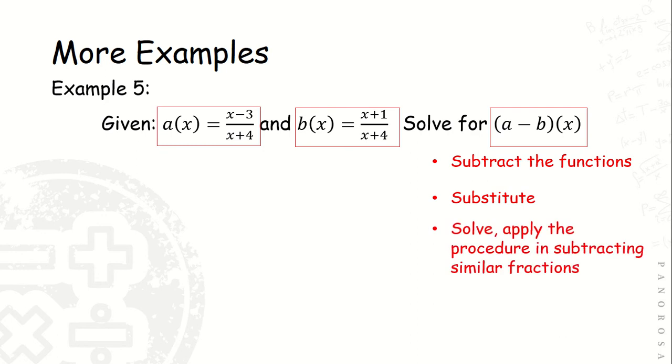First procedure is to subtract the functions. Second is to substitute. Then solve and apply the procedure in subtracting similar fractions. So in our given functions, both are in fractional form. So we have the numerator and the denominator.